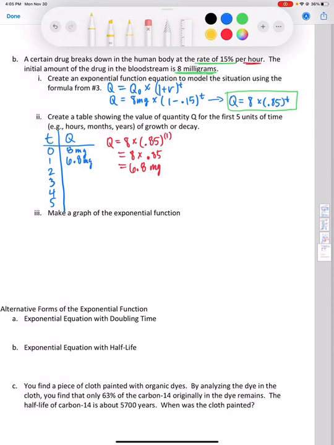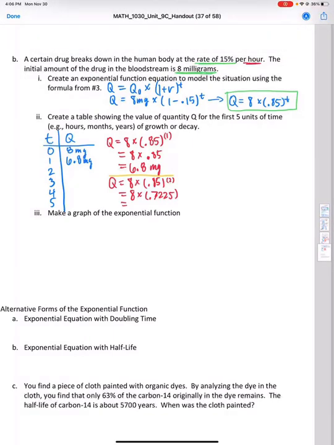At time 2, q is equal to 8 times 0.85 squared, which is equal to 8 times 0.7225, which is equal to 5.78 milligrams.